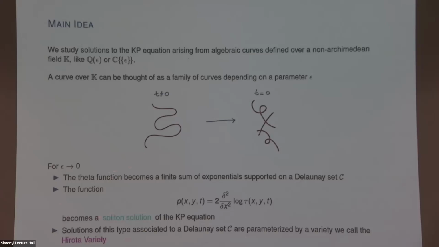And then the theta function becomes a finite sum of exponentials, and the solution to the KP equation that comes from this degenerate theta function becomes actually a soliton solution of the KP equation. And we define a variety, which we call the Hirota variety, that parameterizes all solutions of this type associated to a particular Delaunay set.